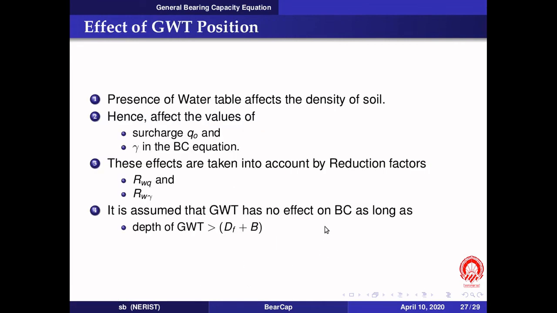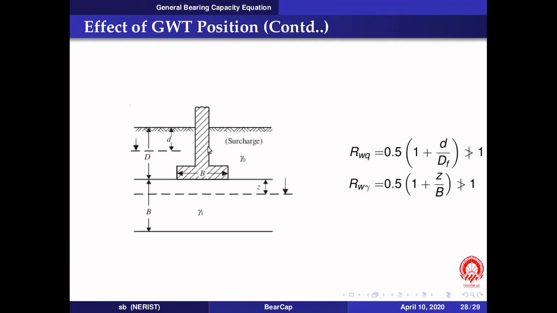And then the next factor we need to consider is the effect of groundwater table position. Now let us see how the position of groundwater table affects the bearing capacity. If I have the groundwater table somewhere, the soil above it will be presumably dry, assuming there is no capillary rise, and the portion below will be wet, and therefore it will affect the density of the soil.